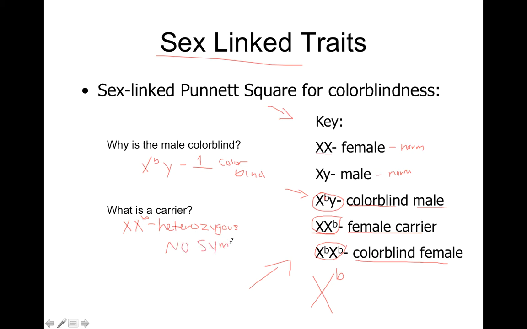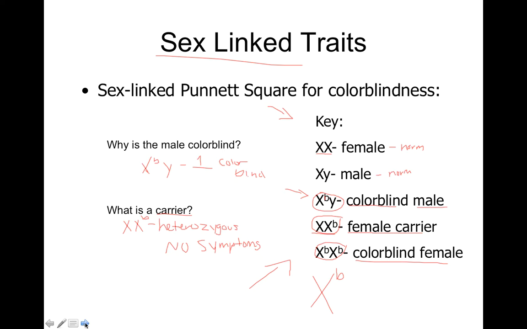So if somebody is only a carrier, then they are heterozygous and they exhibit no symptoms. If anything is linked to an X or a Y, a male can probably not be a carrier, just because they only have one of these to give away. And if one of them is affected, then more than likely the male is going to exhibit a sex-linked trait or a disease of whatever that gene is carrying.